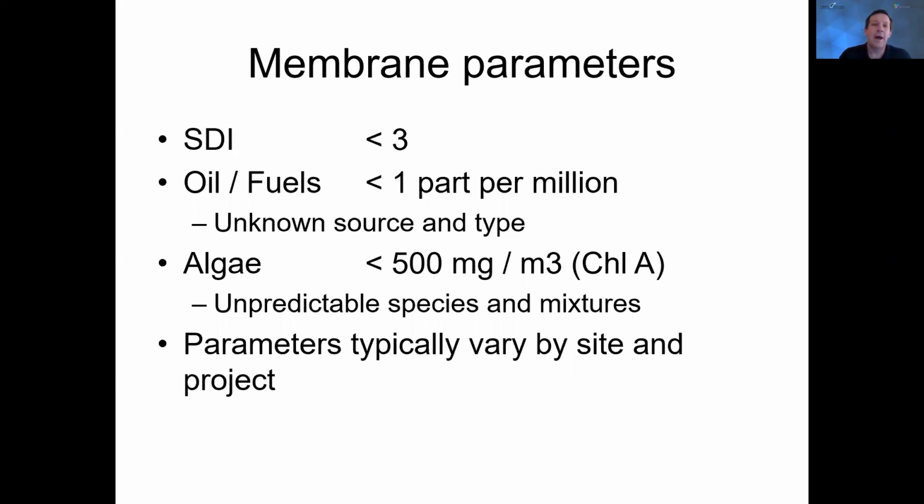As far as algae goes, because algae is not a generic substance, there's tens of thousands of different plant and animal species that are called algae or are called plankton. Each one is a totally different piece of chemistry and biology. So from a sensor standpoint, we produce a generic response.